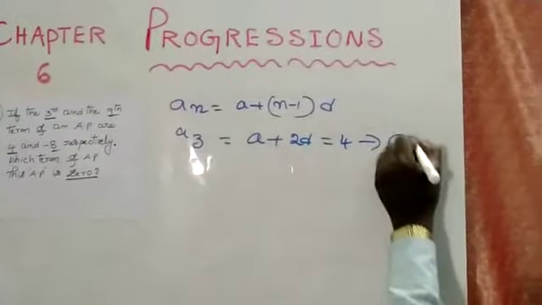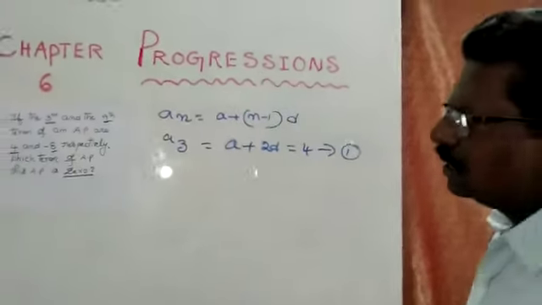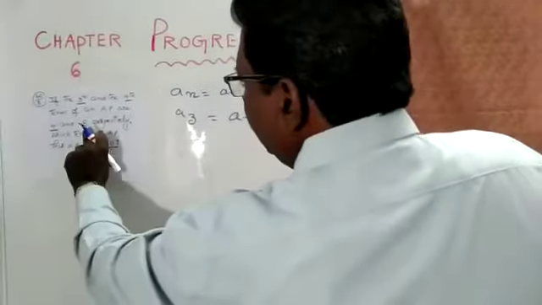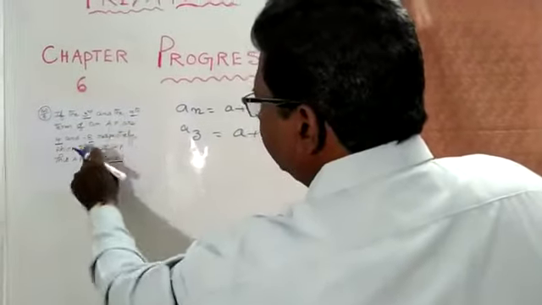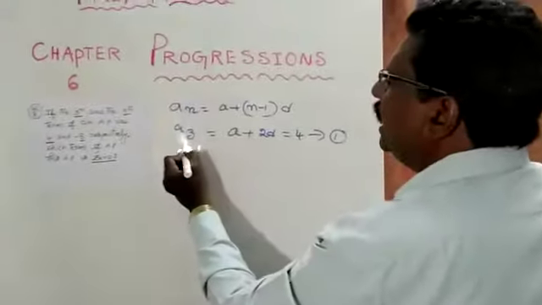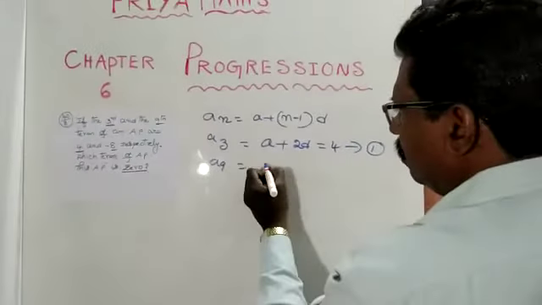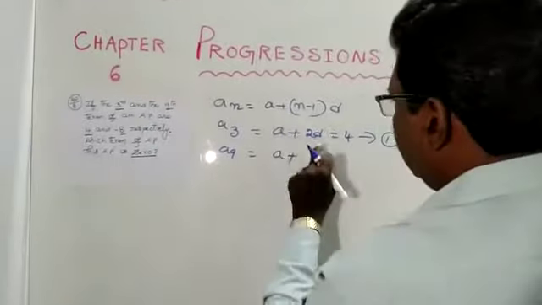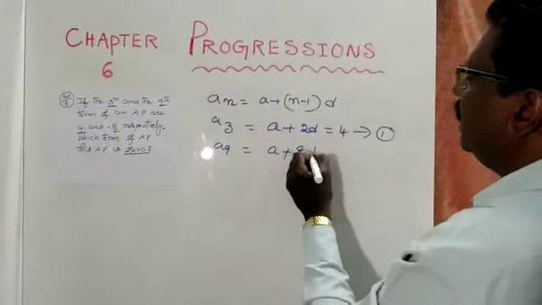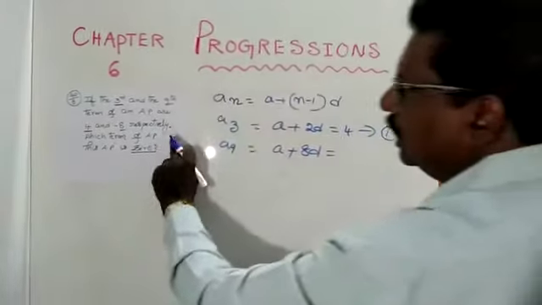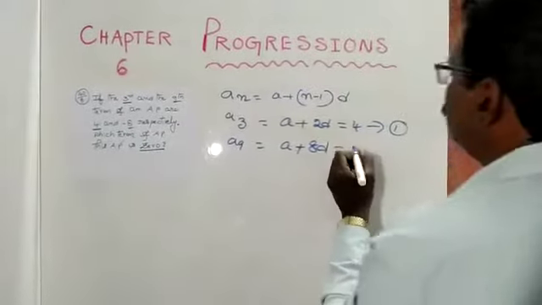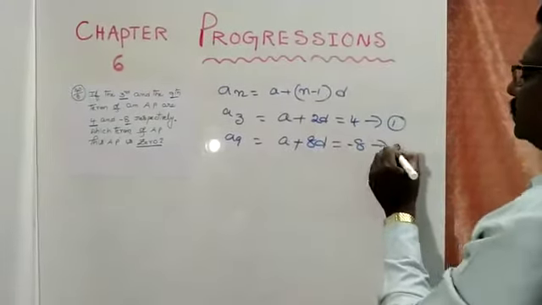Say this equation number 1. Next, the ninth term is equal to minus 8. a9 is equal to a plus 9 minus 1, 8d, equal to minus 8. Say this equation number 2.